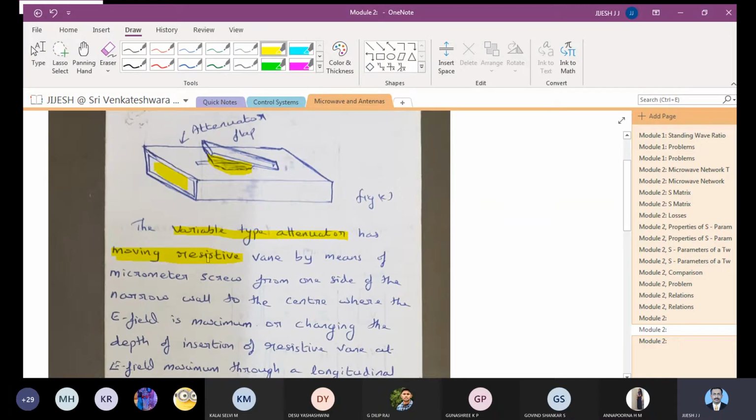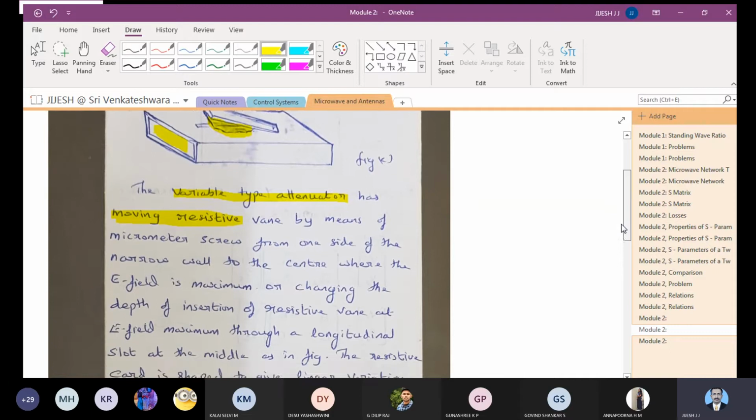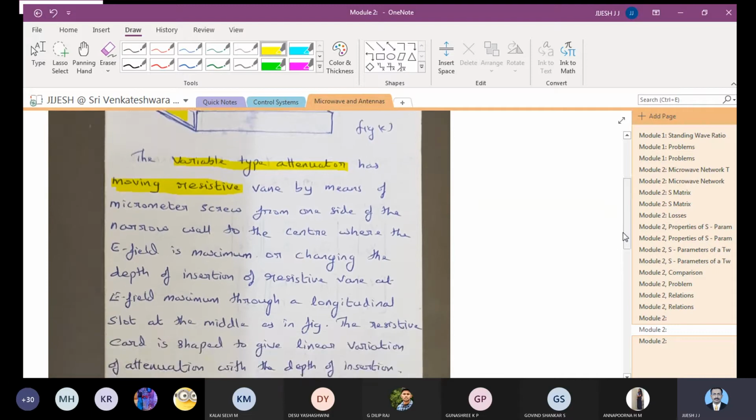That's what we have seen in the previous diagram, the micrometer screw. From one side of the narrow wall and the center, where the E field, the electric field, is maximum, by changing the depth it will absorb the signal as and when it is required for the user.